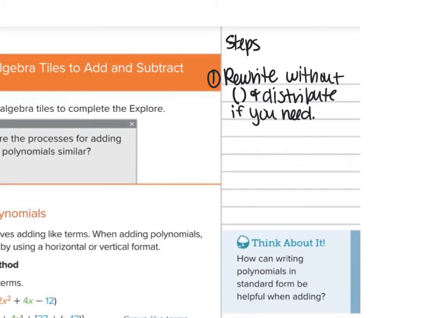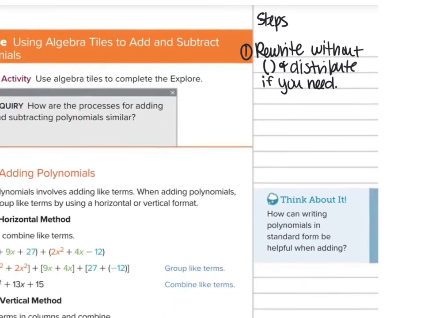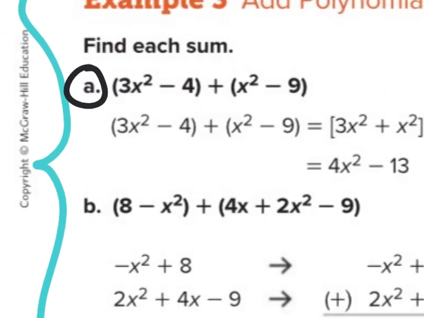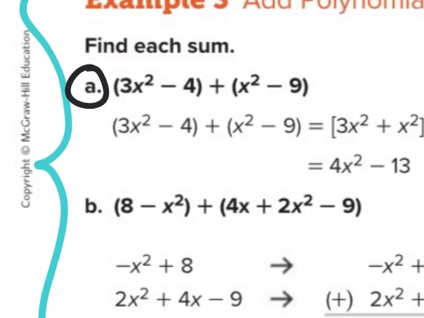Okay, so I'm going to show you one step and then show you what that is. So if we look, here's the question. I'm looking at A. See how this has parentheses, but there's not a number outside of it? So if there's not, it's kind of like there being a 1 there. So if I distribute just a positive 1, would that change anything?